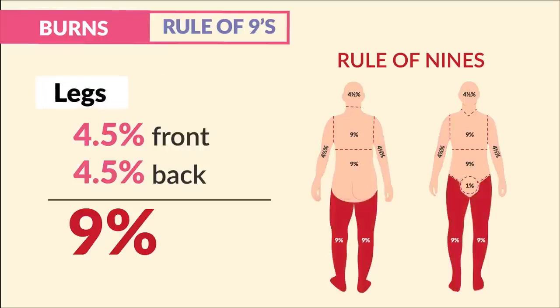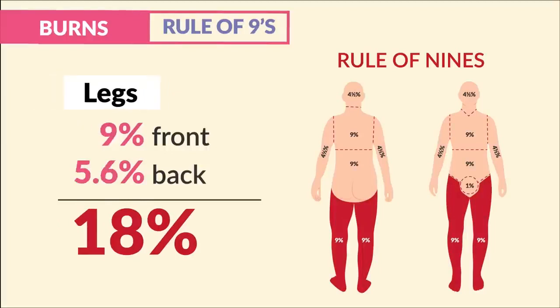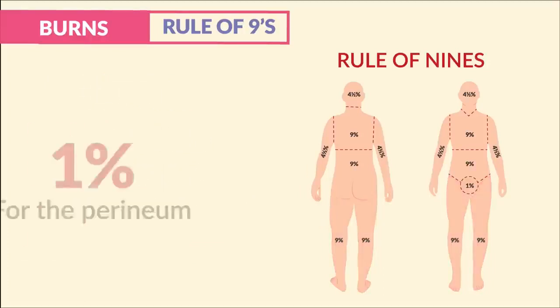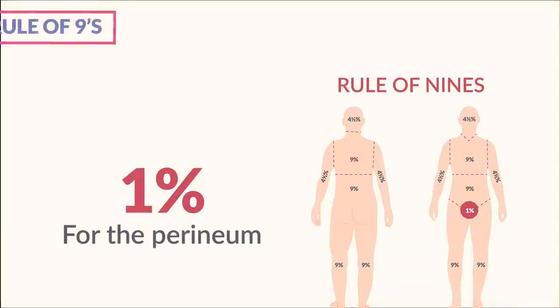And the same thing for the legs, but this is 18% total. So 9% for the front and 9% for the back. Now the most interesting part here is there's only 1% for the perineum. Wait, what? 1%? Okay, yeah. One, womp, womp, womp.